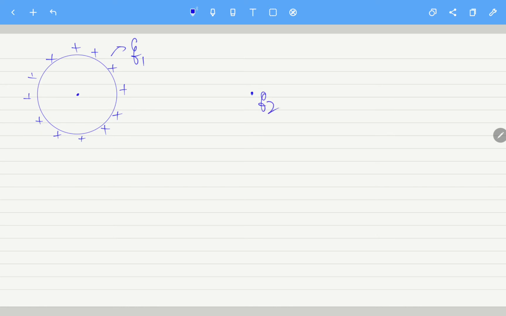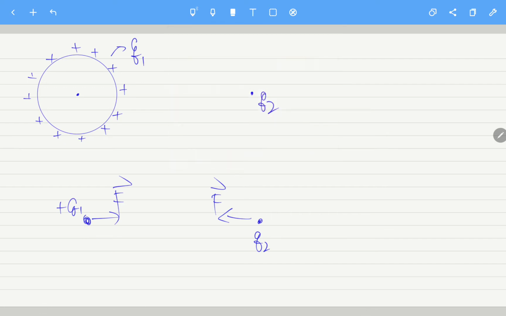So for Coulomb's law, if we have charges Q1, Q2, and suppose they are both positive charges, then there will be Coulomb's force acting between them, right? Plus Q1, plus Q2, like this.